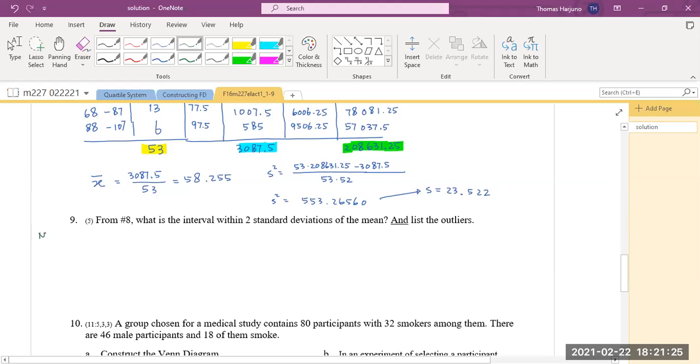Note: the interval within twice standard deviation of the mean is called the usual interval.